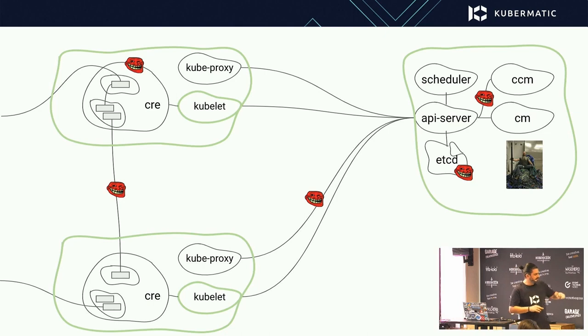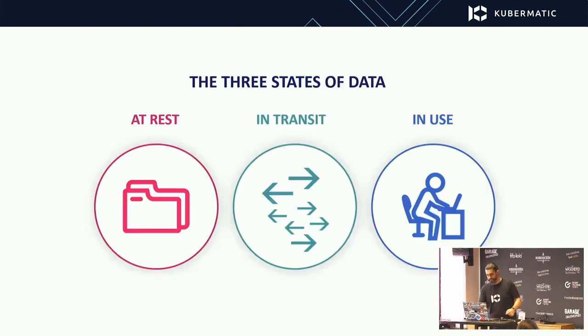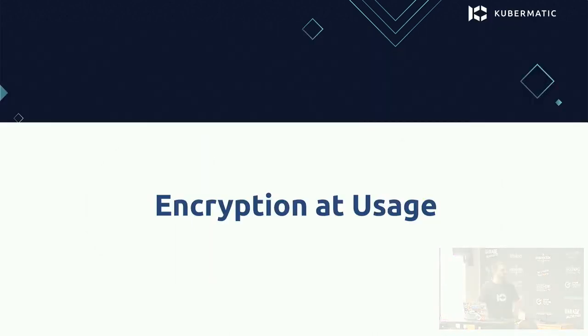With transport, it could be pod-to-pod communication or from API server to kube-proxy or kubelet configuration. It could be in usage within your pods, or it could be at rest in etcd. So we should also make sure that these are safe.